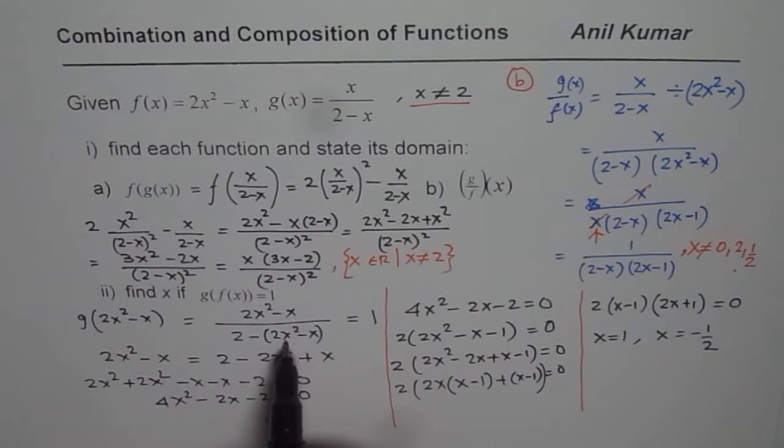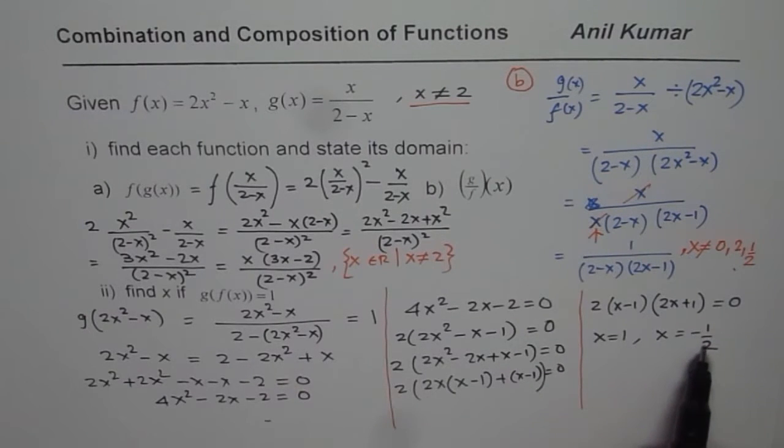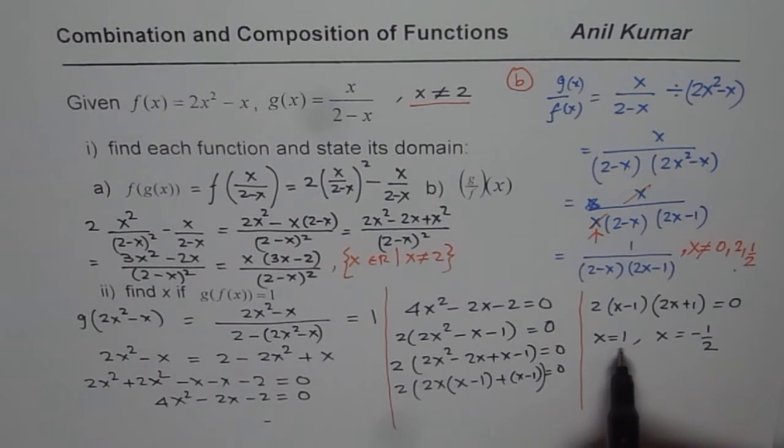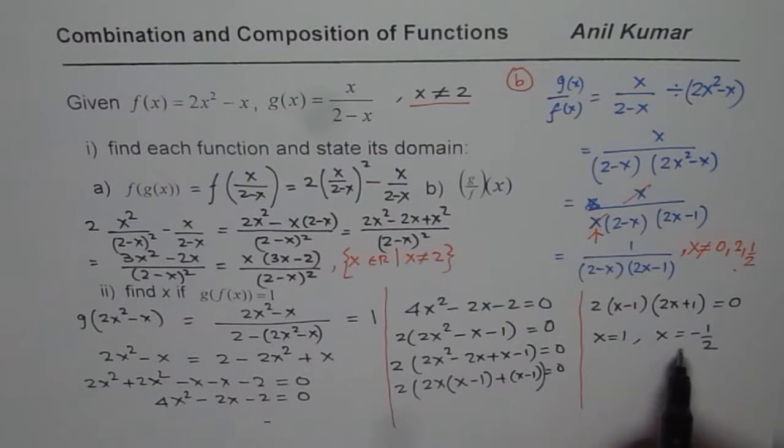That is what I need to check. Now if I write 2 minus 2, which is 0, and minus of minus 1 is plus 1, so that is not 0. If I use minus half, minus half squared is 1 over 4, so that is half, and minus half, that is also not 0. So both are valid points for us.